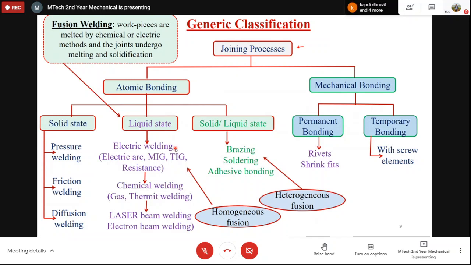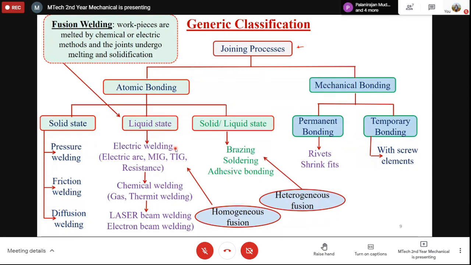Then there are MIG and TIG welding, metal inert gas welding or tungsten inert gas welding. Resistance welding is there, and spot welding. All these techniques come under electrical welding.